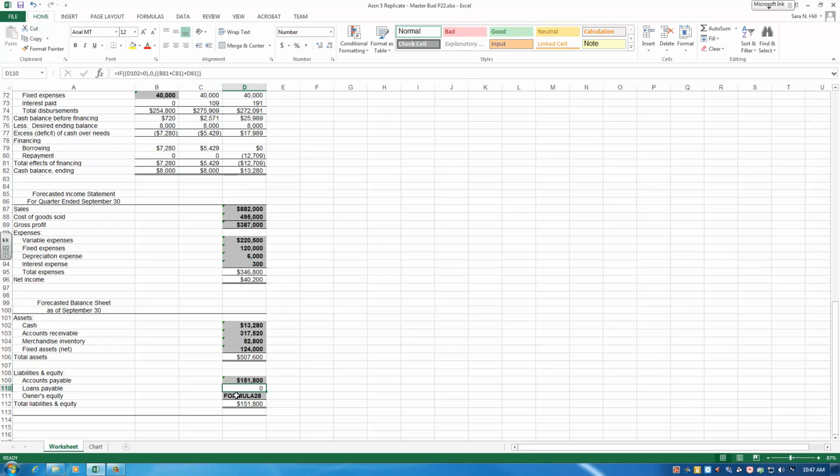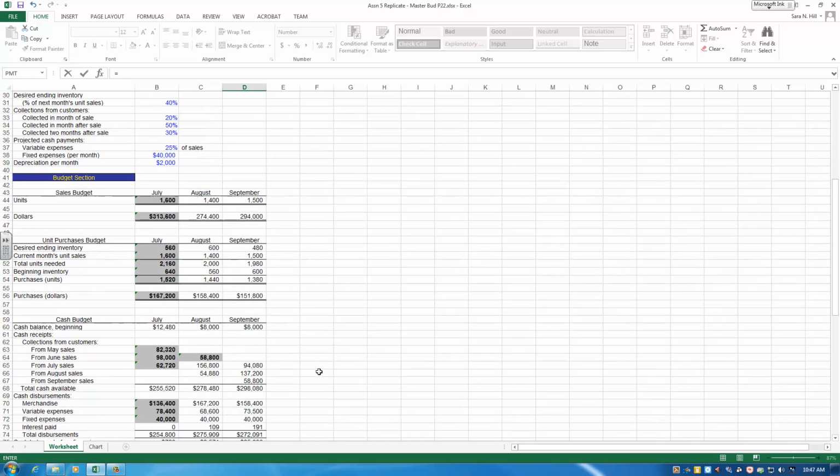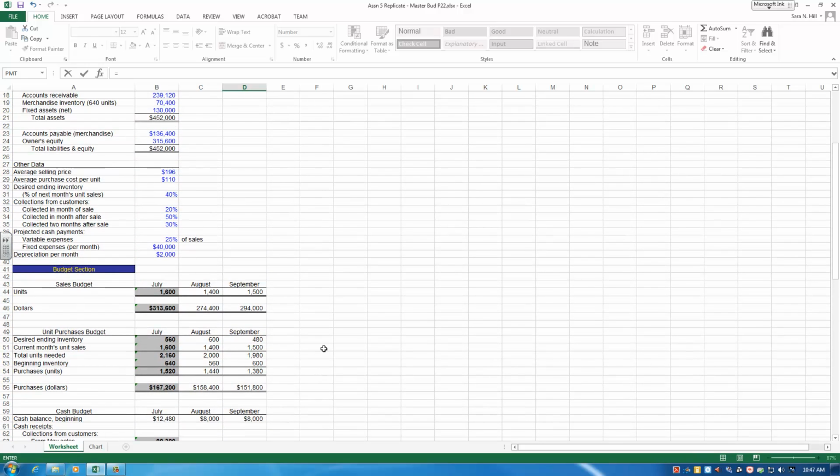All right, we've got one formula to go here, which is owner's equity, which equals your beginning owner's equity plus your net income minus dividends. So in this case, we didn't pay any dividends, but we can go ahead and grab our beginning owner's equity, okay, which was B24.